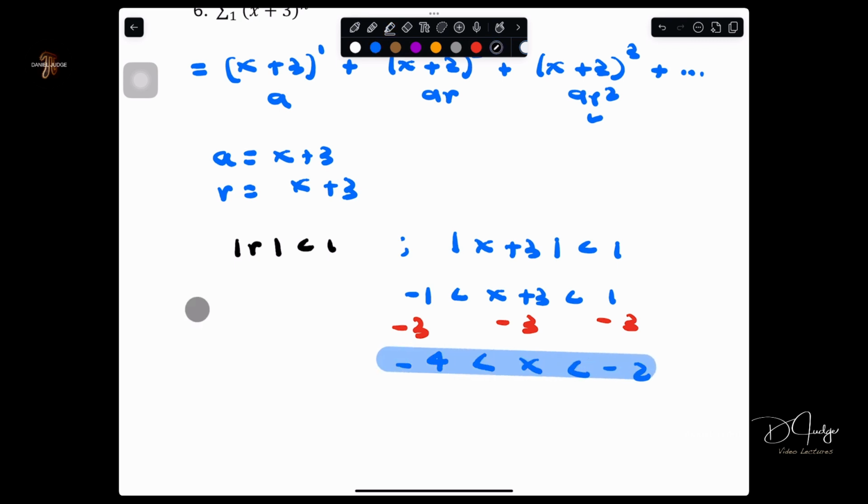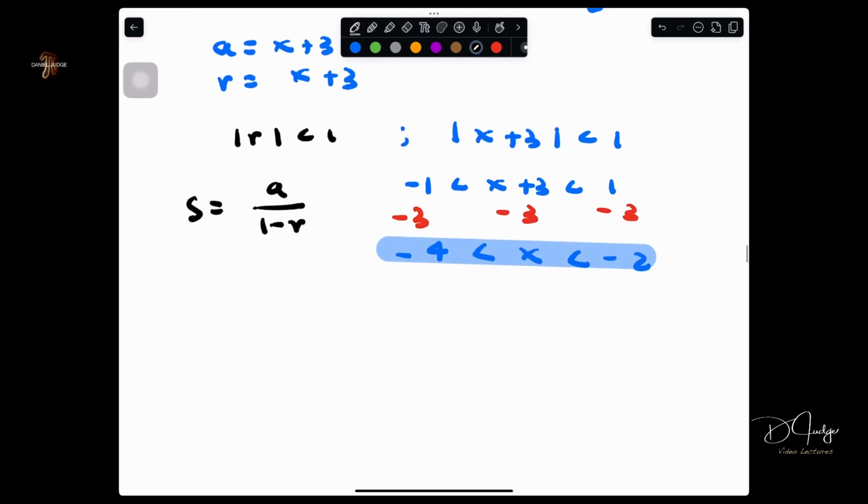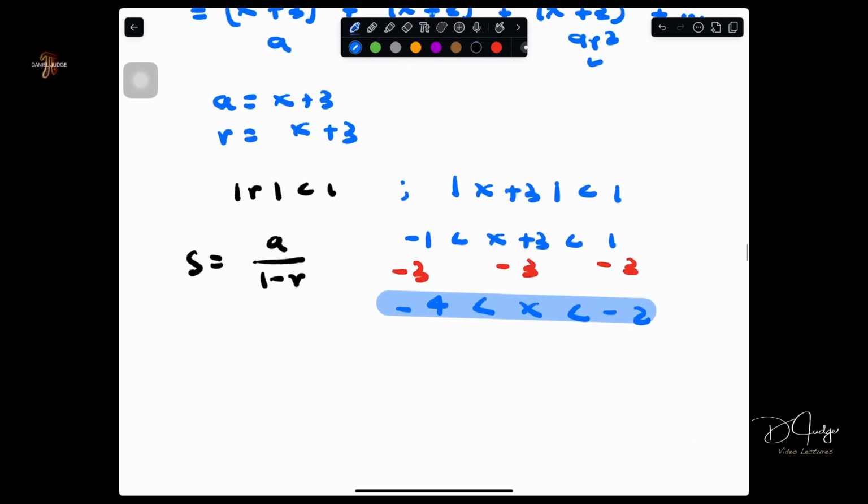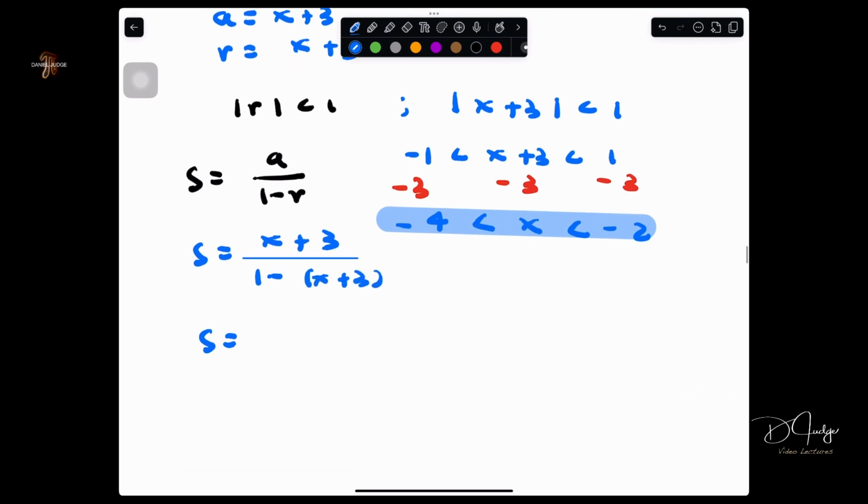Now the sum, s, has to be a over 1 minus r again. So it means our sum needs to be x plus 3 over 1 minus (x plus 3). Just using a little algebra, distribute.